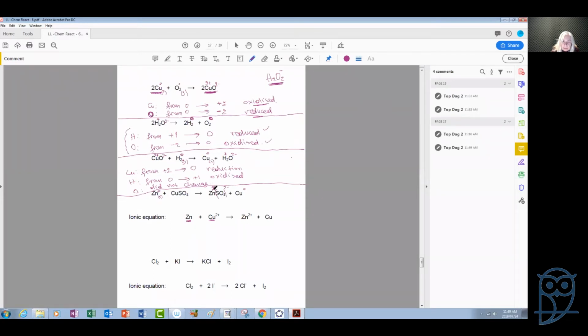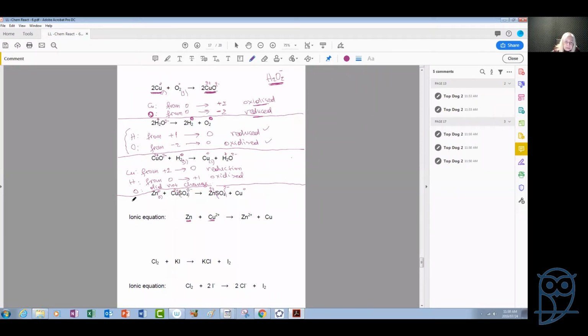So this is 2 plus. I'll write it clearly because I messed it up. So zinc here goes to 2 plus, its oxidation state. What else? The copper. Let's see the copper, because we know that the copper must also change oxidation state. Here must have a different oxidation state than 0. So copper here is also 2 plus, because the sulfate has an oxidation number of 2 minus.